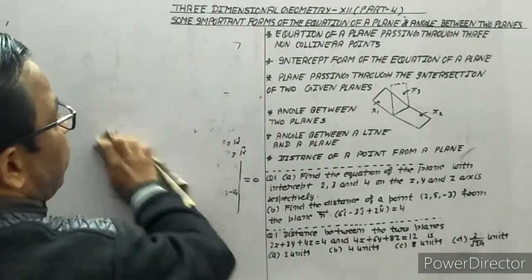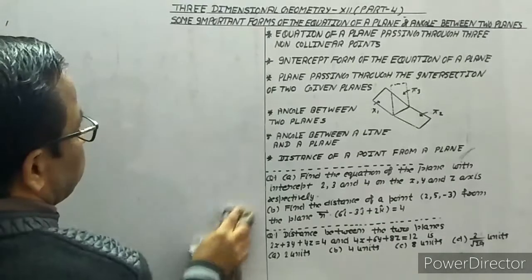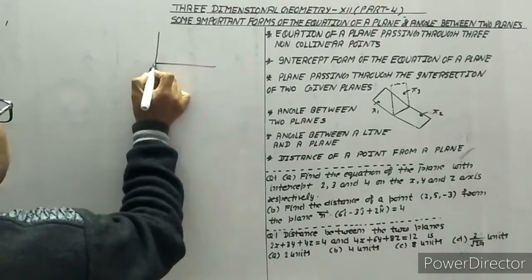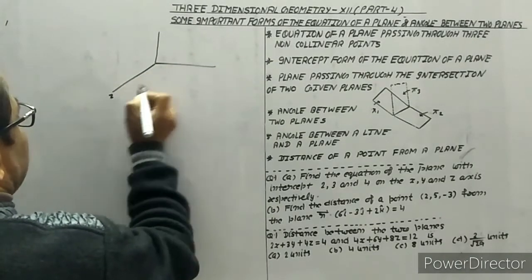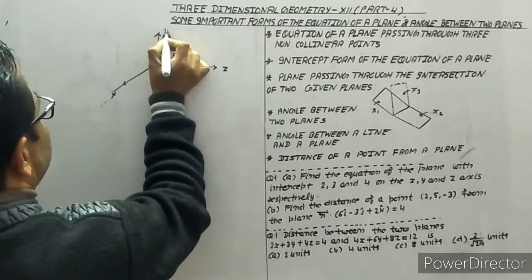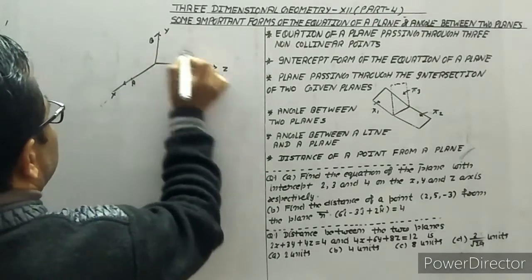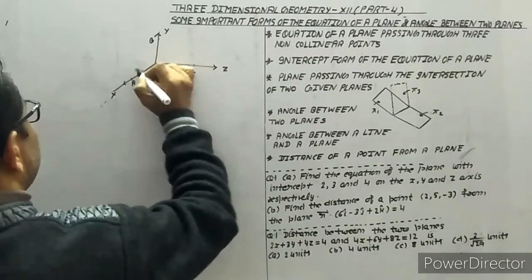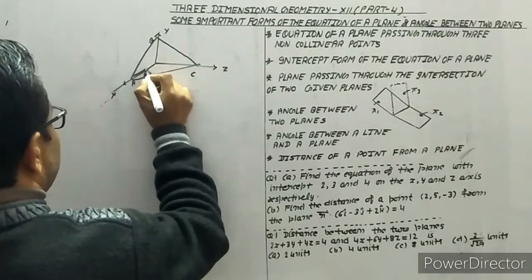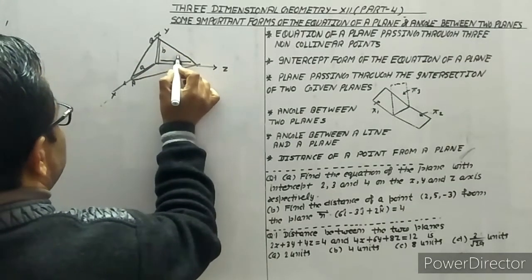Now, we have to find another form. What is the other form of the equation of a plane? The intercept form of the equation of a plane. Let us suppose this is the system of axes. This is the x-axis, this is the z-axis, and this is the y-axis. On the axes, this is the point A, this is the point B, this is the point C, and a plane is forming like this, cutting intercept A on the x-axis, B on the y-axis, and C on the z-axis.